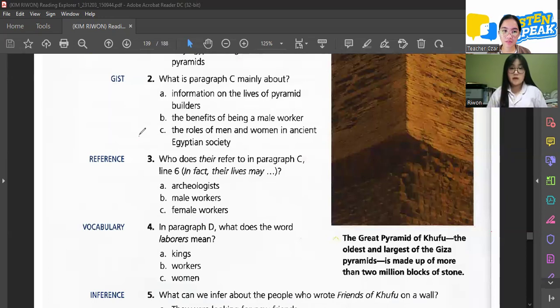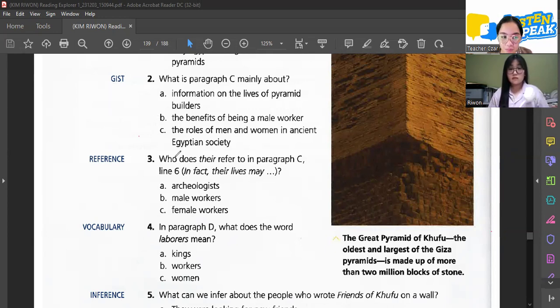Information on the lives of pyramid builders. Yes, that is because the information they found is that the builders really experienced a hard time when they were building the pyramid of Giza.